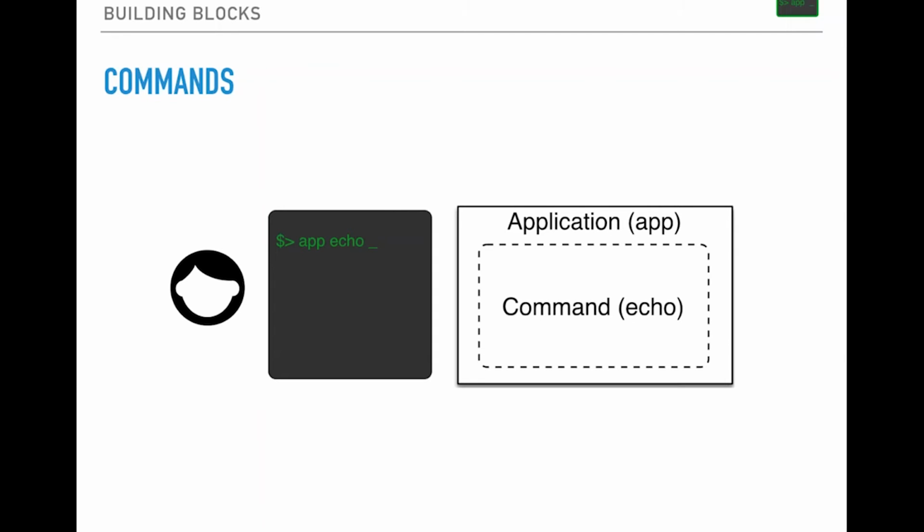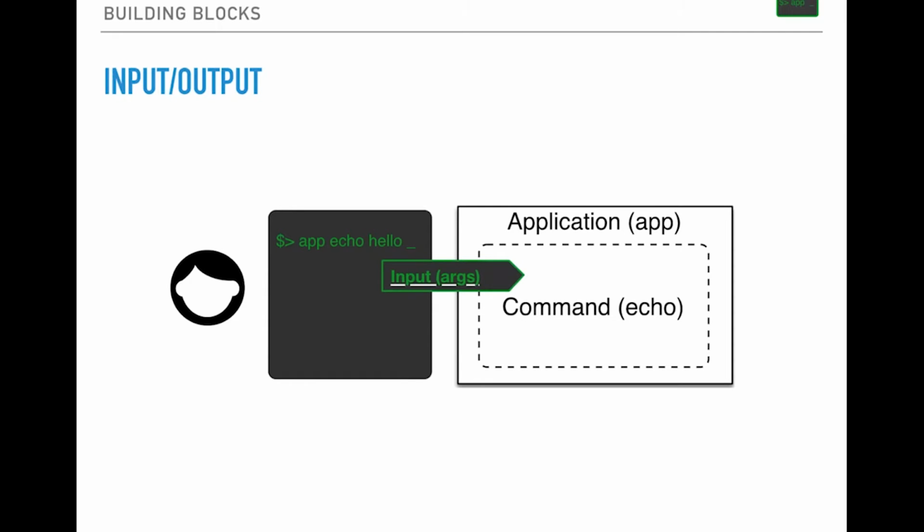So when the application runs, the echo command, we're going to be adding it into the application. The echo command takes a single value. This value is a string of characters, and the purpose of the echo command is to print whatever value is passed to it right back into standard output.